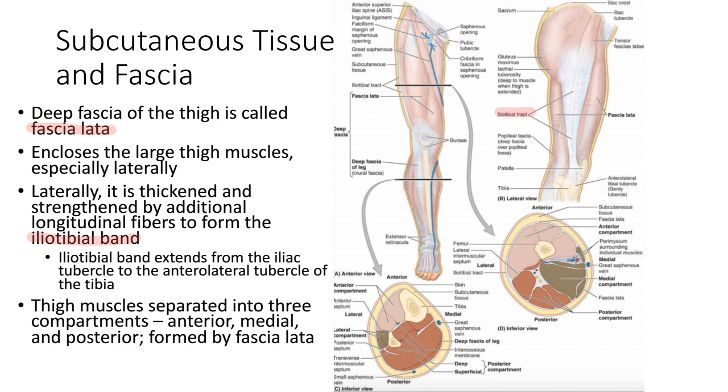The iliotibial band extends from the iliac tubercle to the anterolateral tubercle of the tibia. The thigh muscles are separated into three compartments: the anterior, medial, and posterior compartments that are formed by the fascia lata.